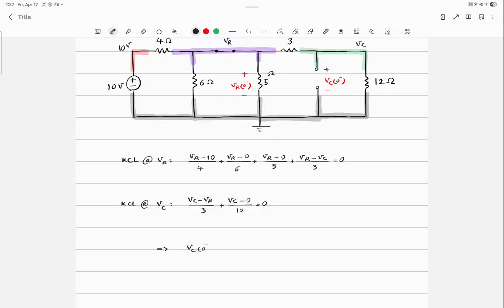VC at 0 negative is equal to 2.93 volts and VR at 0 negative is equal to 3.66 volts. Good?